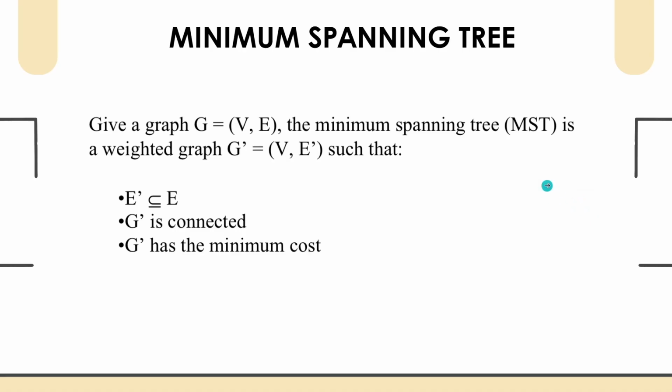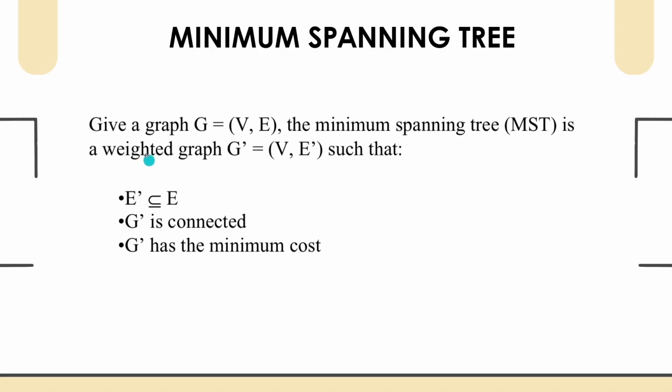So, by this time you know what a minimal spanning tree is. In the previous lecture itself, we have clearly seen the definition for the minimal spanning tree. So, given a graph G with a set of vertices, the minimal spanning tree is going to be another weighted graph G dash that contains vertices V and E dash such that E dash is a subset of E and G dash is connected, and G dash has the minimal total cost of all the edges.